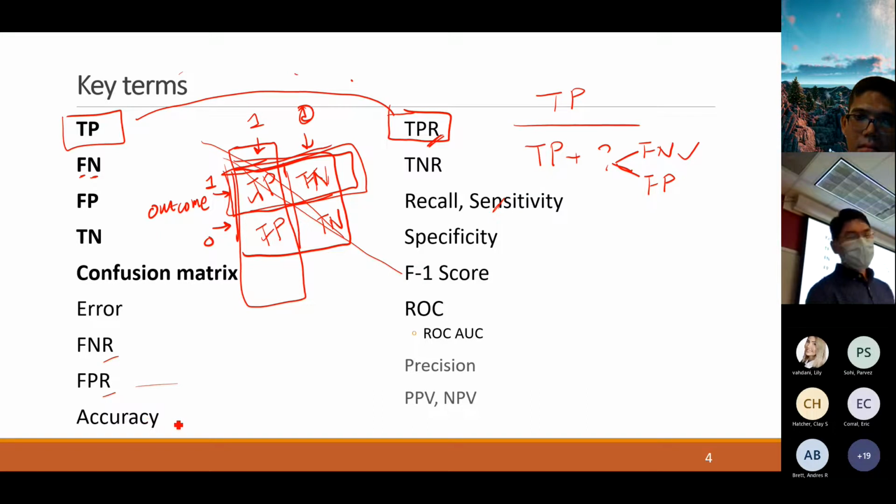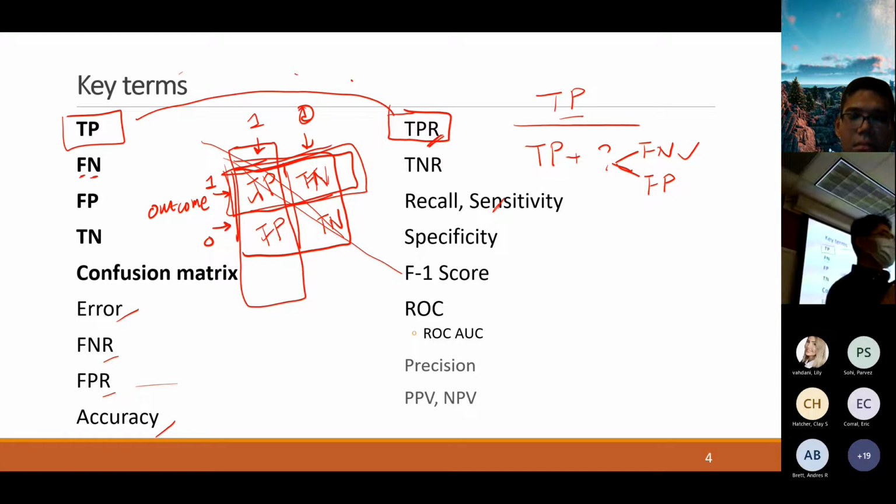We also have a more general, these are more specific to a particular label or outcome, but 2 more general model evaluation measures would be accuracy and error, and they are the opposite of each other.